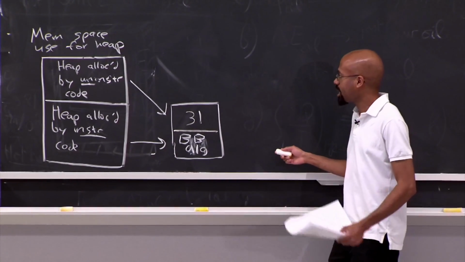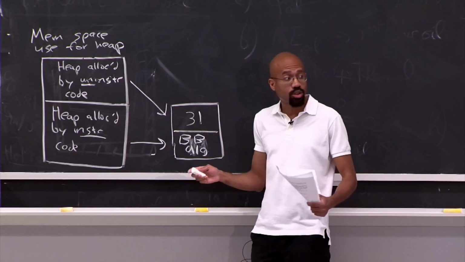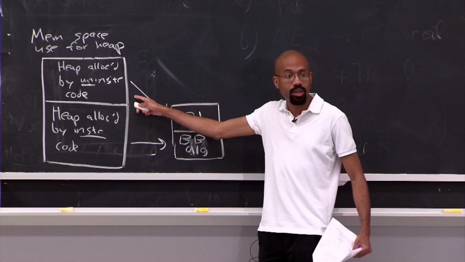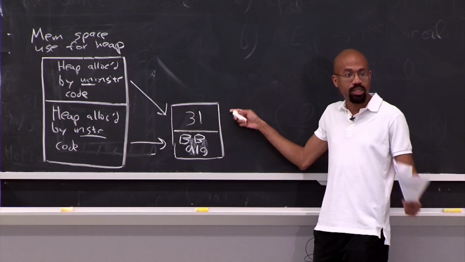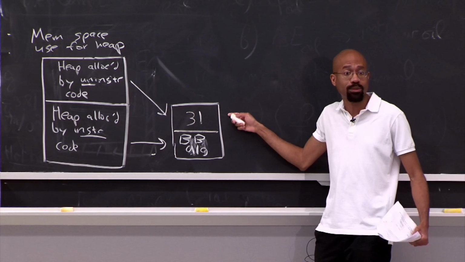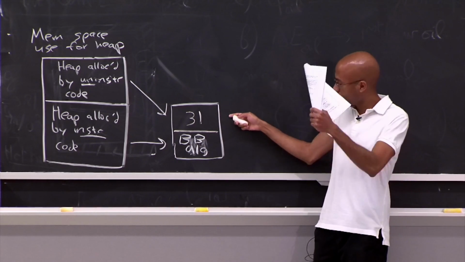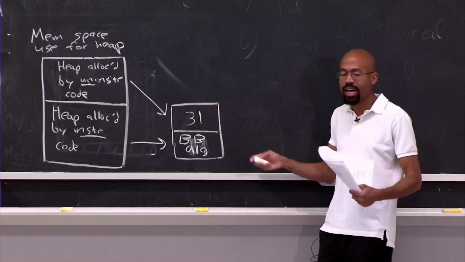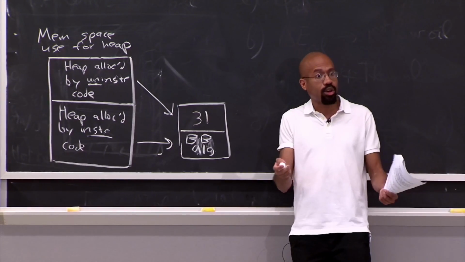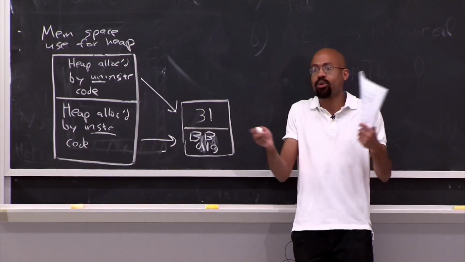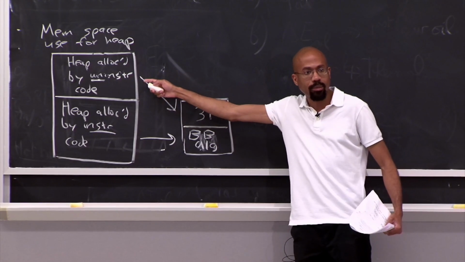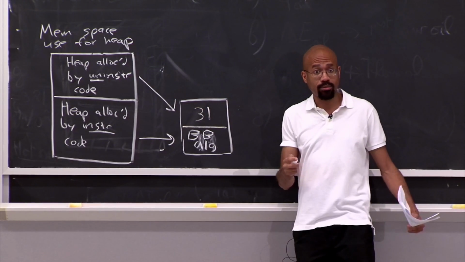So what ends up happening is that if instrumented code gets a pointer that comes from here, then the baggy bounds for each particular pointer are always going to be set to the largest possible value, 2 to the 31. Which means it's going to be impossible for baggy bounds instrumented code to think that you've done an out-of-bounds operation with a pointer coming from this uninstrumented library.